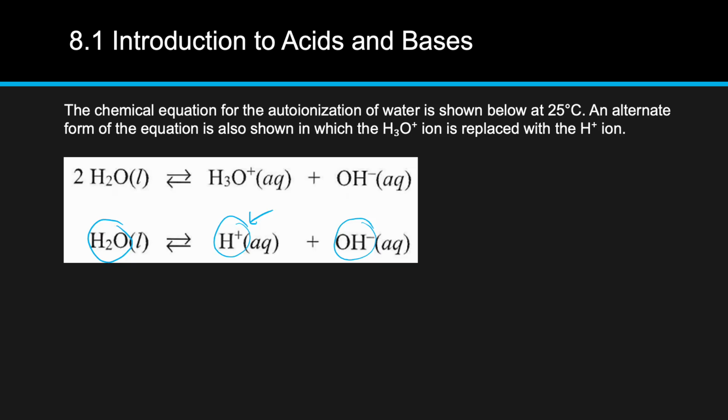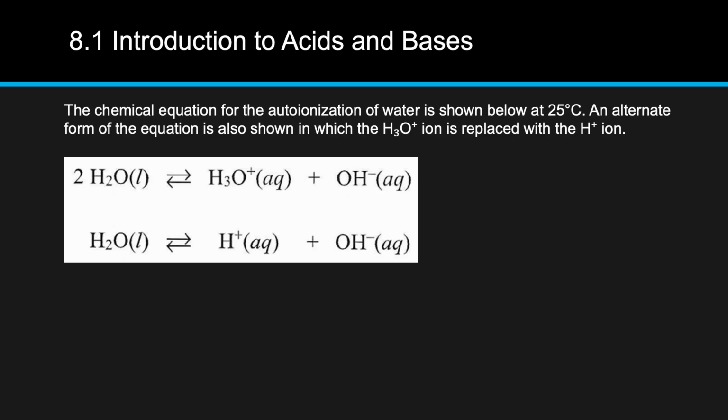So that proton binds to a water molecule and produces H3O plus. While this is technically the ionization of water, this top equation is much more accurate because this proton does not last long and binds to another water to make H3O plus, which is why we needed 2 water molecules in this top equation.